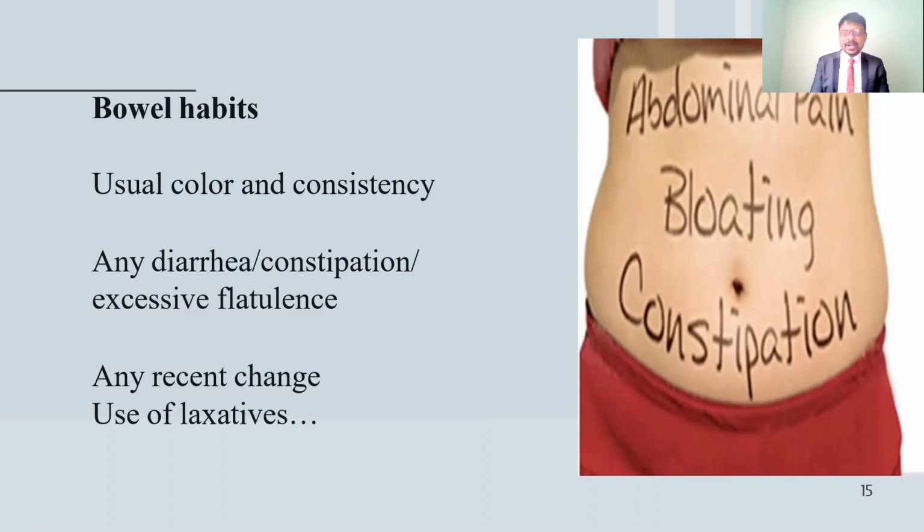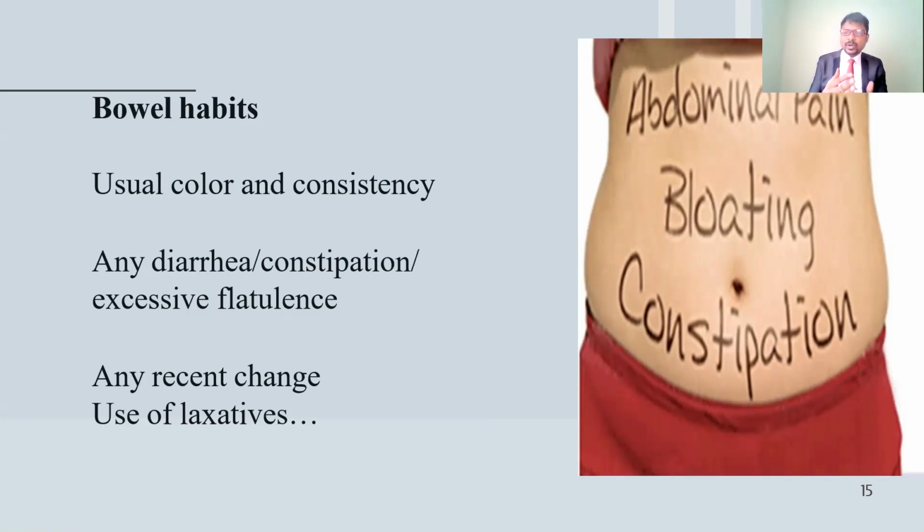And also excessive flatulence. Excessive flatulence means sometimes they always feel heaviness in the stomach as well as the chest, and they burp many times, or feel gas coming out through the mouth. That is flatulence. Or sometimes gas may pass through the anus.